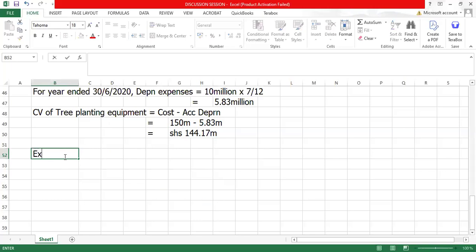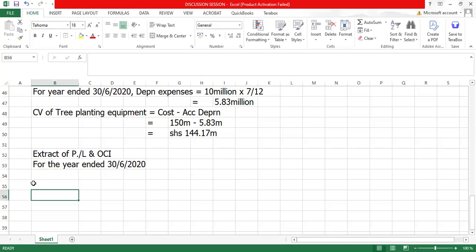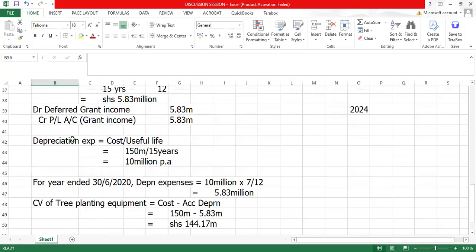We can start with extract of PL, profit or loss, and other comprehensive income for the year ended 30th June 2020. These are just extracts.